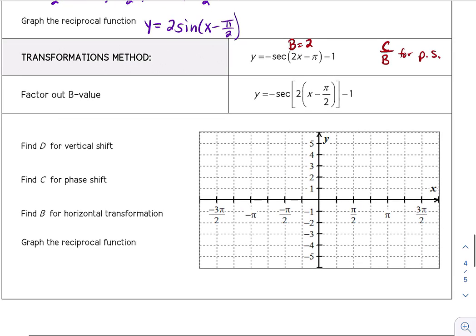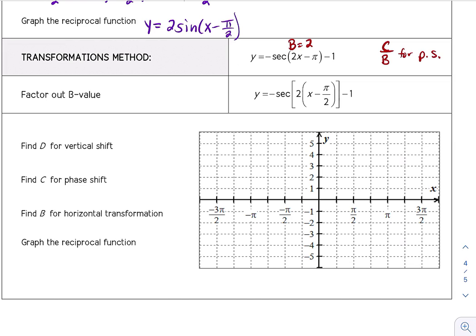In the transformation method, I would encourage you always to factor it out so that you don't forget that when there's a value multiplied in front, we have to separate it.